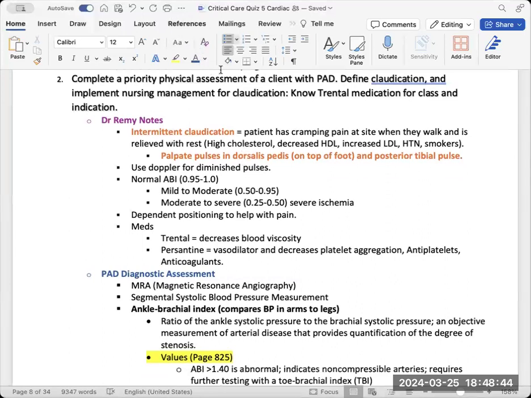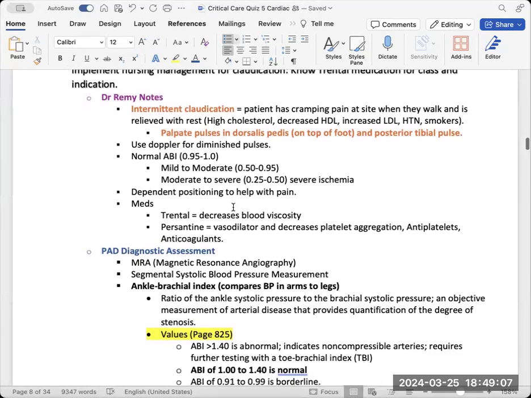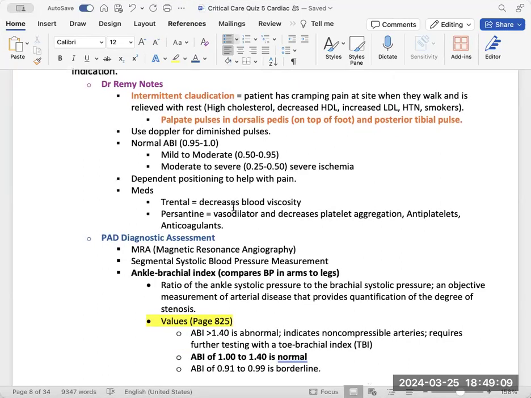When patients say, oh, it hurts so much to walk, but it feels better when I sit down or relax, we also want to palpate their dorsalis pedis, which is the artery on top of the foot, or their posterior tibial pulse, behind the ankle. Like I said, you could use Dopplers to hear the pulses, as well as do an ankle brachial index. That's the diagnostic test that lets us know a lot about whether they have peripheral artery disease.